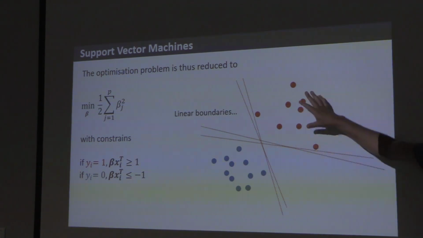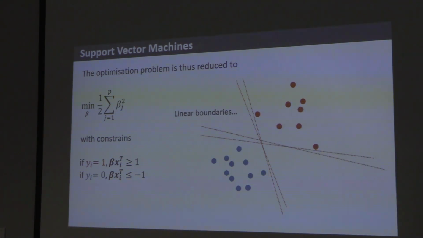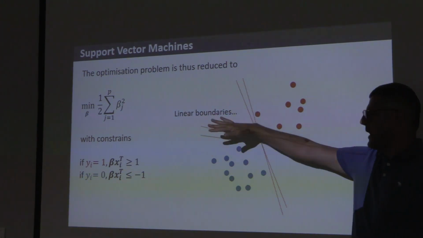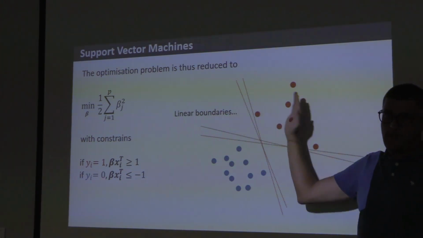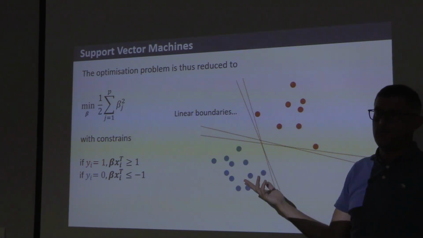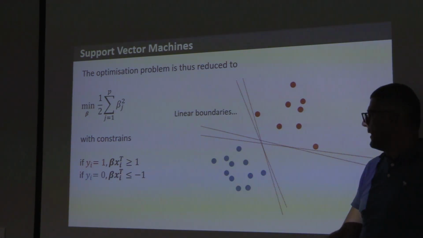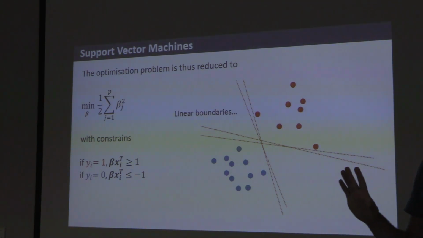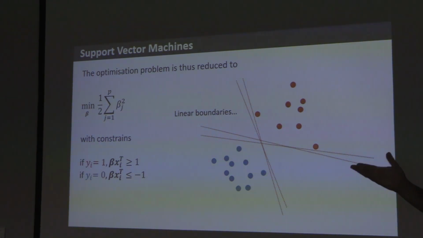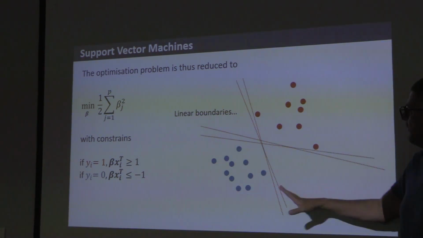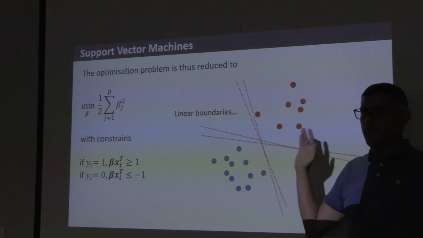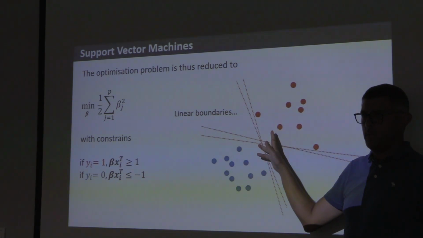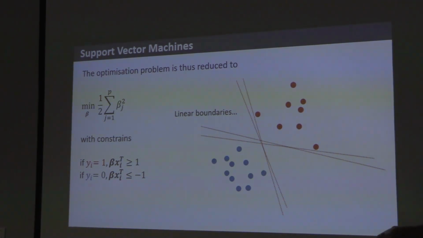If we have this situation, there are a lot of possible boundaries between these two classes, and with all of these boundaries you can get a perfect classification, because you can perfectly separate the blue and the red samples.